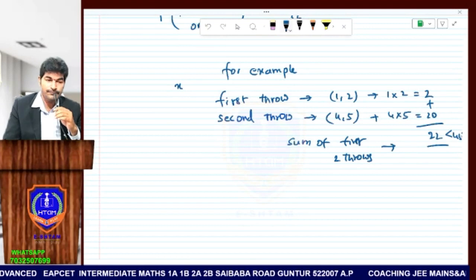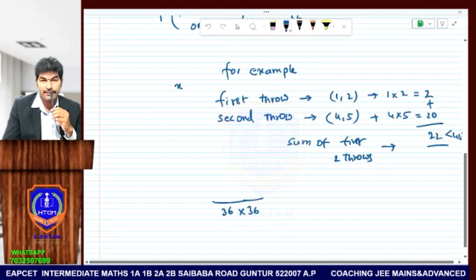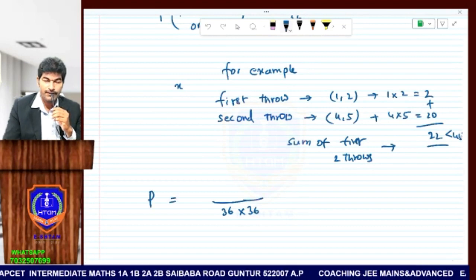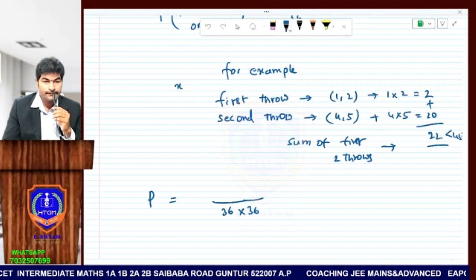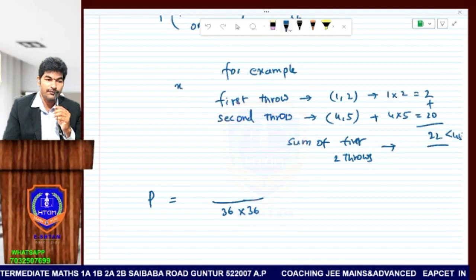For the first throw, you will get 36. For the second throw also, you will get 36. And the sum will be below 45. Those two scores' sum will be below 45. Below 45 means how many possibilities?